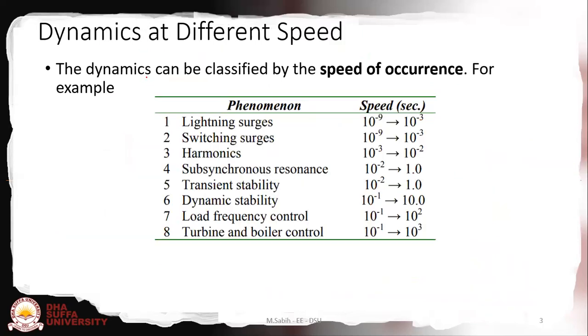Now, interestingly, the dynamics of this system depends upon the speed of occurrence, and every phenomenon has a specific speed range. For example, lightning is a very fast phenomenon, and for very fast phenomena you need a quick or fast response.